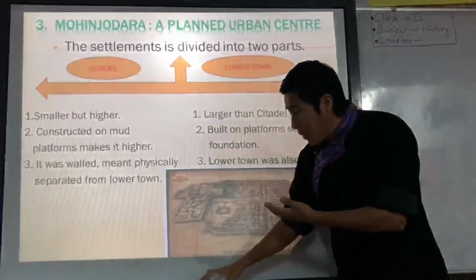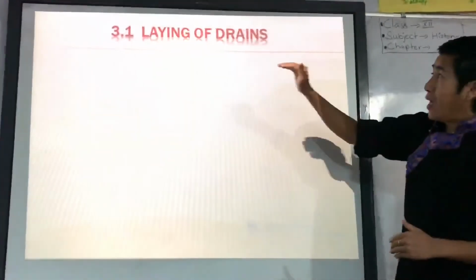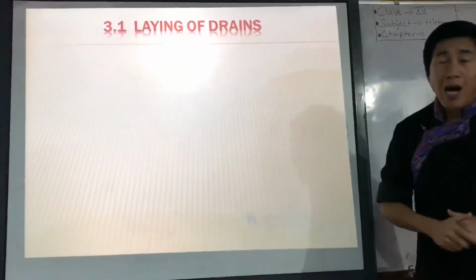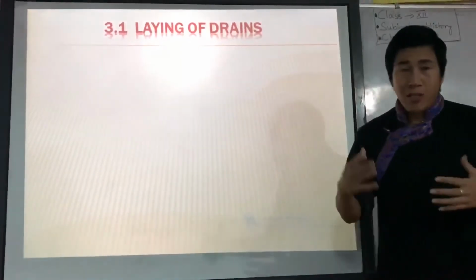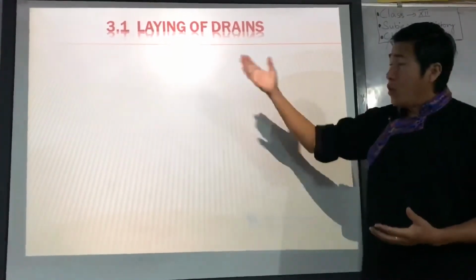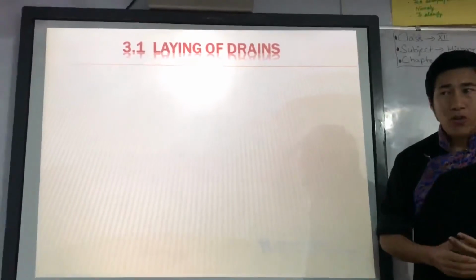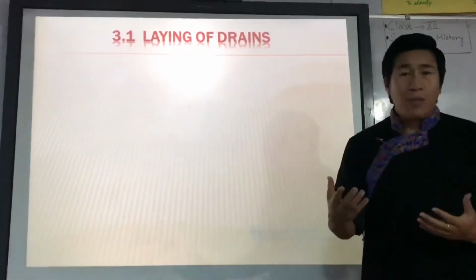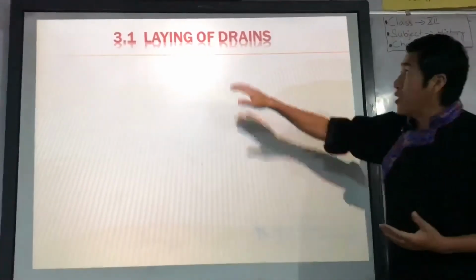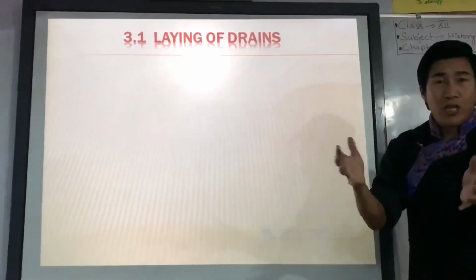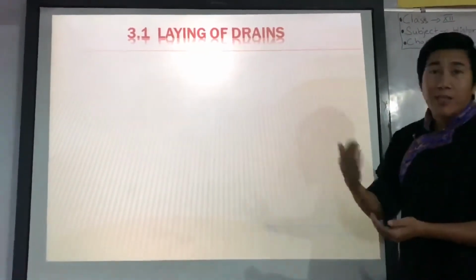Inside this topic, we are going to discuss the line of drains, how the drains were constructed or planned. One of the most distinctive things about Indus Valley civilization is the plan of drainage, how they planned the drainage system.